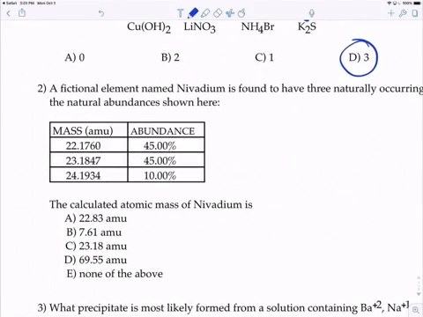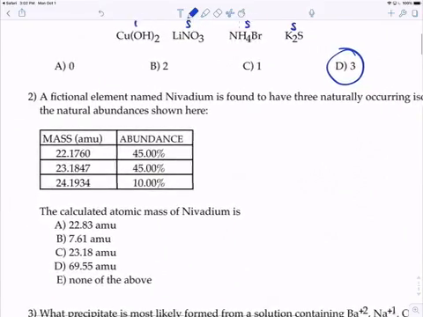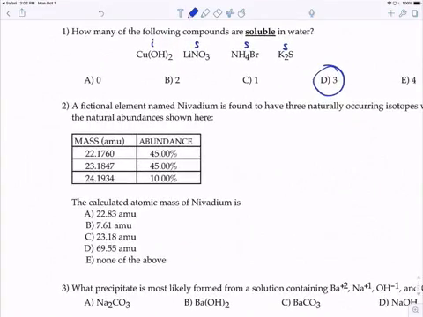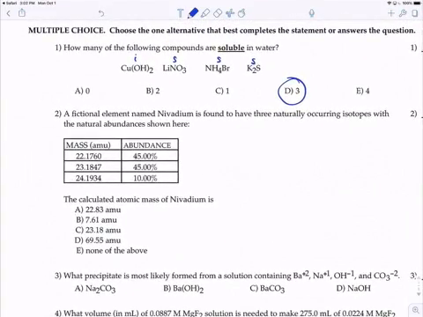All right. A fictional element is found to have three naturally occurring isotopes with their natural abundances shown here. The way you solve this problem is the formula: the sum of the masses times the abundance.